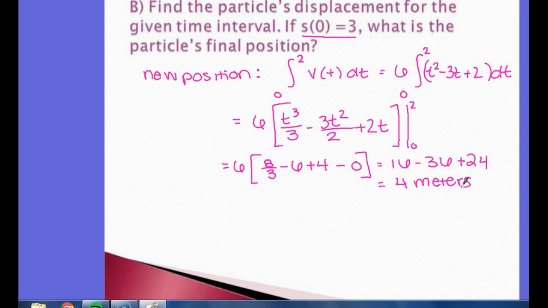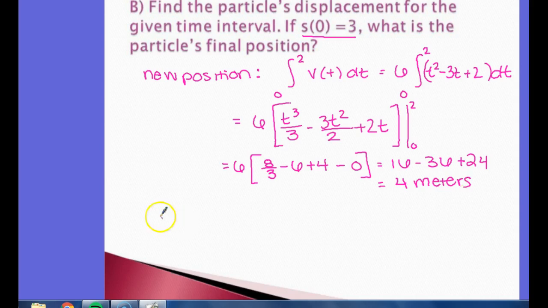Is that my answer? The question is, what is the particle's final position? What does this 4 not incorporate that they gave me in the problem? Yeah, S of 0 equals 3, right? It didn't include my initial. So what you have to do is treat that initial like that plus C that we don't account for.